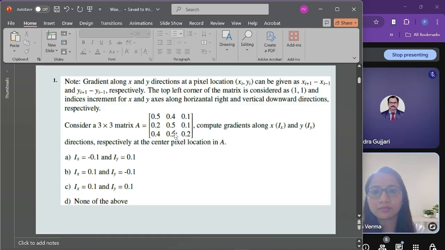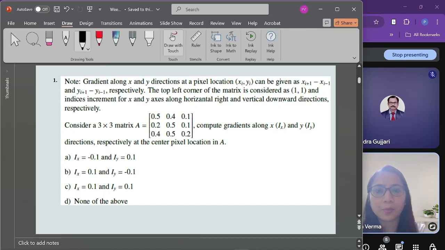Consider the 3 cross 3 matrix A. Compute the gradient along x, Ix, and y, Iy directions respectively at the center pixel location in A. So our center pixel location is this one, right?